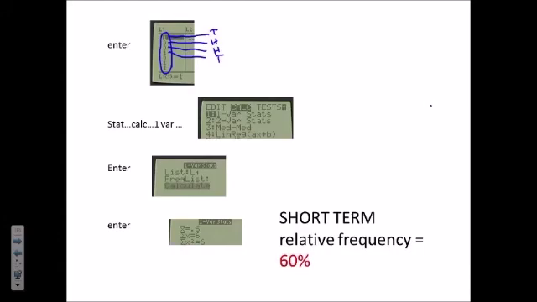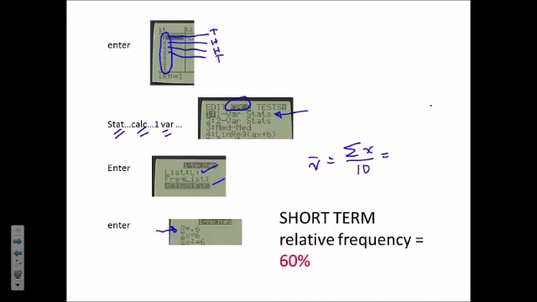Now we want to calculate how many tails we got. So we do stat, calculate one variable, as usual, and then we tell the machine that we want it to look at L1, that's the list. Frequency list you leave blank, and calculate, and you get X bar is 0.6. Now what is X bar? That would be the sum of the scores divided by the number of scores, which in this case was 10.